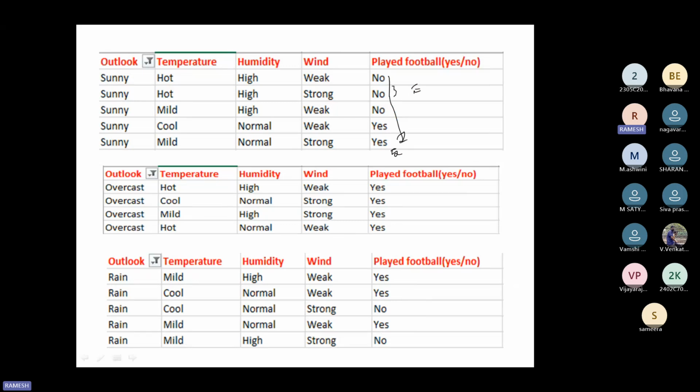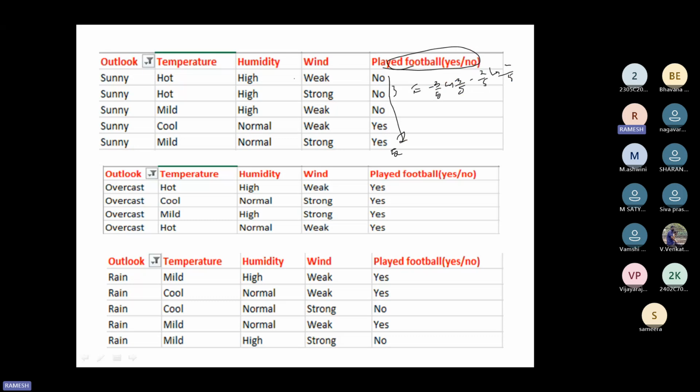So the entropy is minus 3 by 5 log of 3 by 5 minus 2 by 5 log of 2 by 5. This is the information entropy of the target variable.